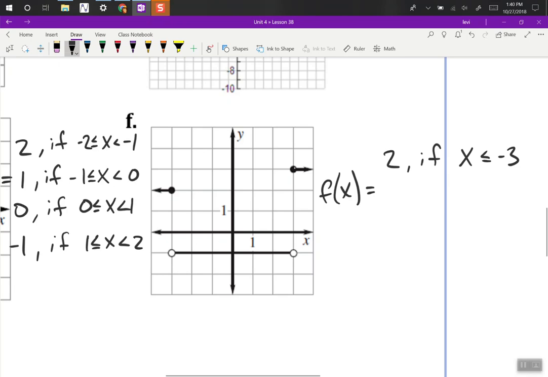Our next one, we can do this one as 3, and that's for x values that are greater than or equal to +3. And this one we're at -1, and that's for x values between -3 and +3, and we don't have the equal symbol on either of those, so greater than -3 and less than +3.